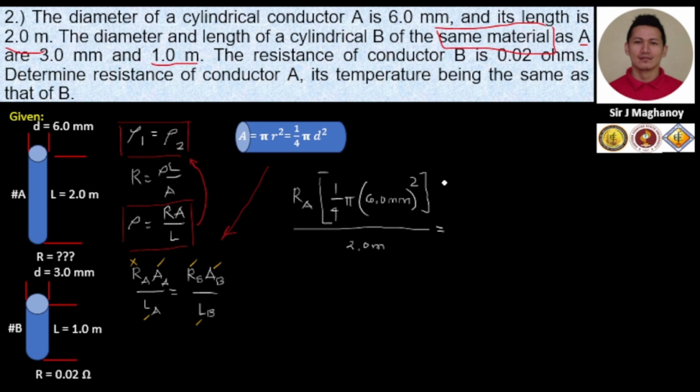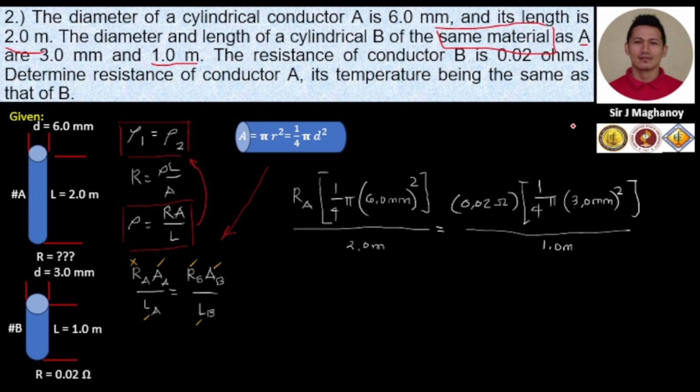On the other side, the resistance is given, that is 0.02 ohms, times the cross-sectional area, one-fourth pi d squared, that is 3.0 mm squared, all over the length of 1 meter.